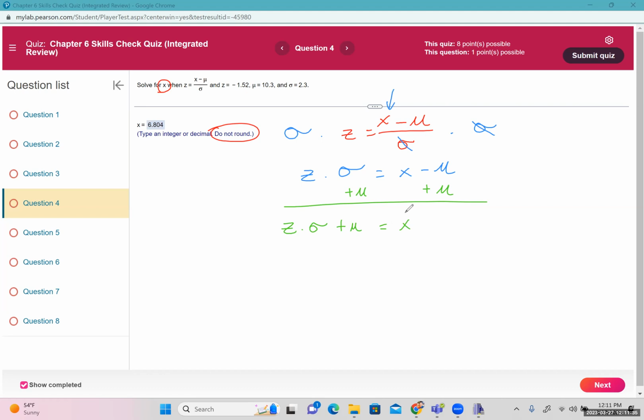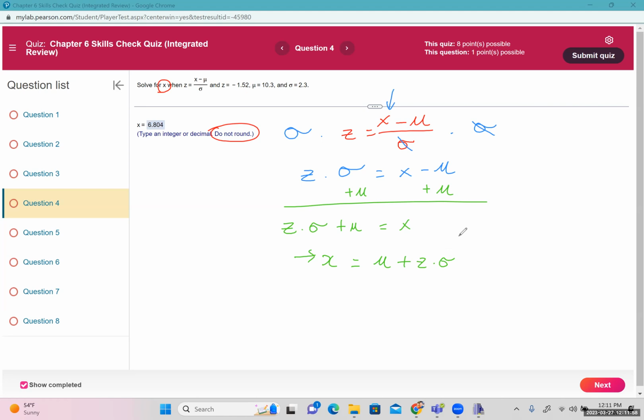So that means the formula to solve for x is gonna be x equal to mu plus z times sigma.